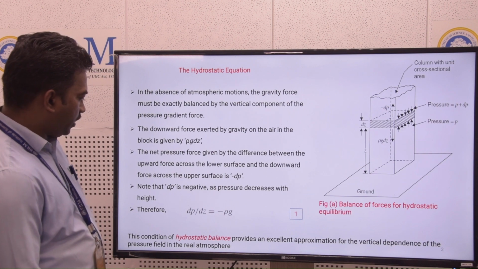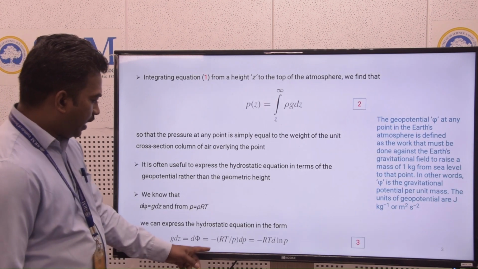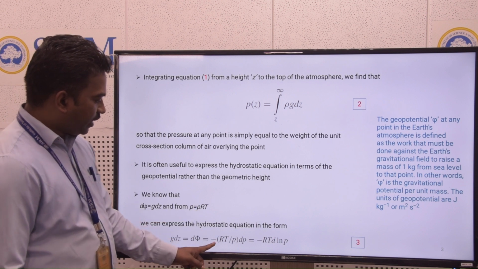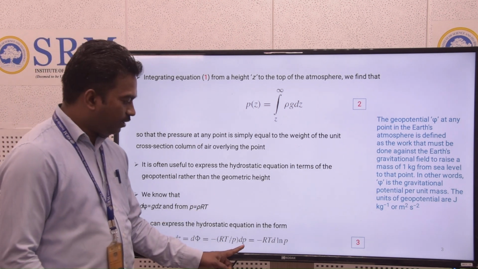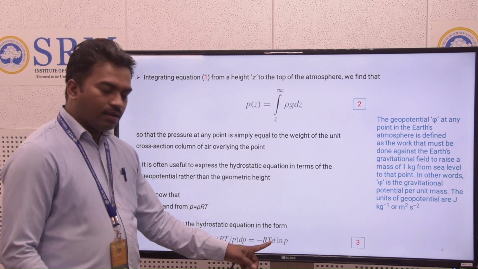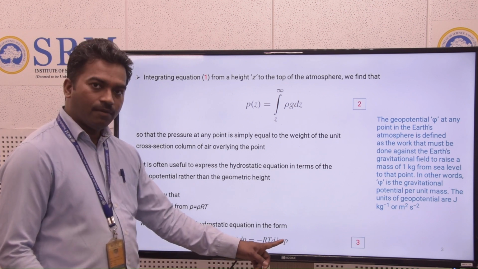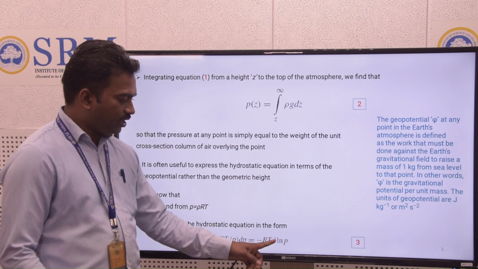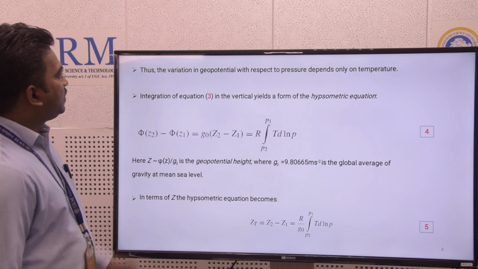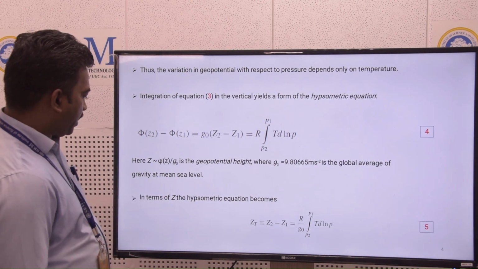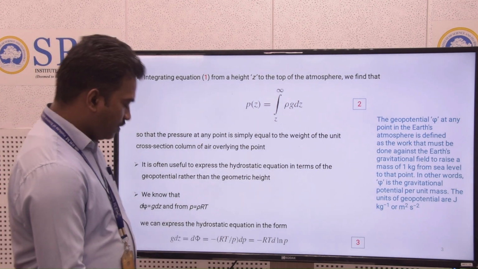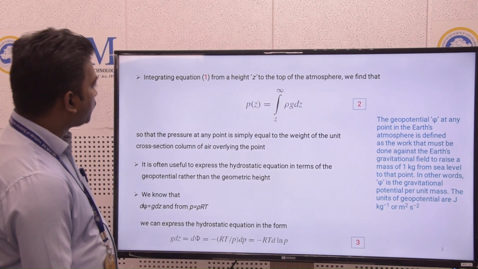Using the equation for rho, I can write minus RT by P dP, which I rewrite as minus RT d natural logarithm P. So this is equation 3, and we will integrate this expression.